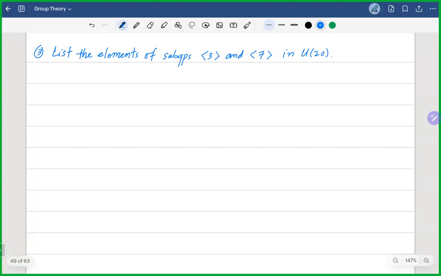Now, the solution will be simple as that. What do you need? 3, 3 square, 3 cube, 3 power 4, and that is nothing but 3, 9, 7, and 1.